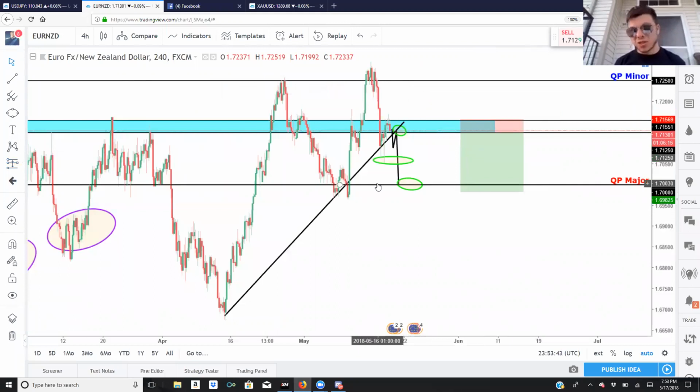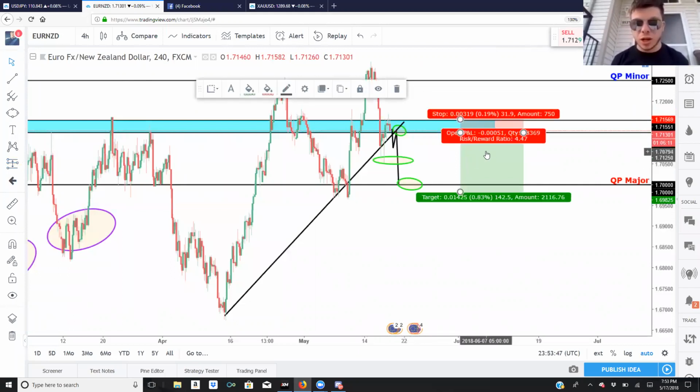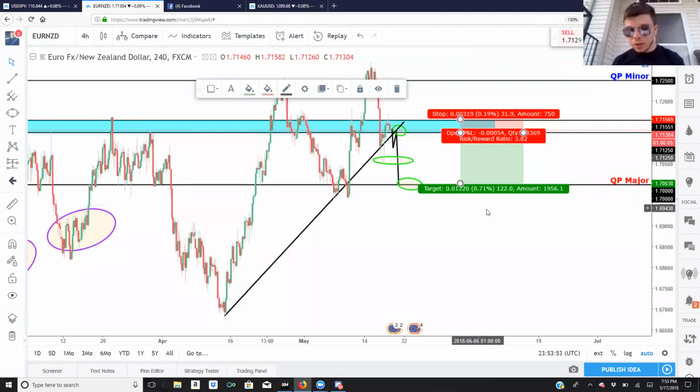So we'll have about a 30, 31 pip stop loss when we get in this trade, but our reward is going to be around 122 pips. So you get a 122 pip reward, but you're only risking 30 pips.